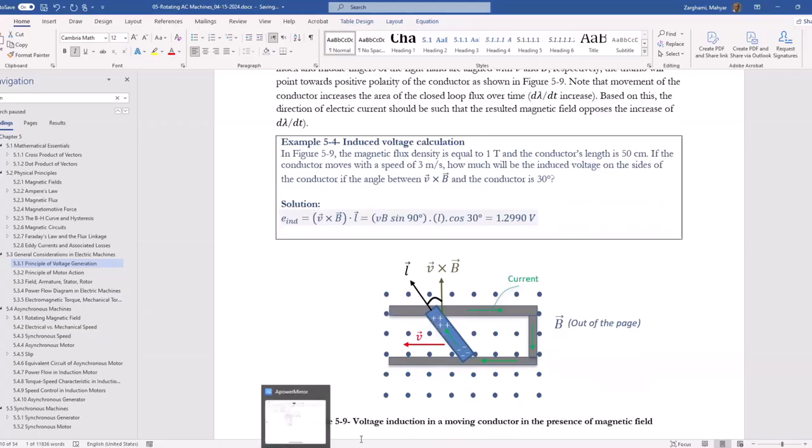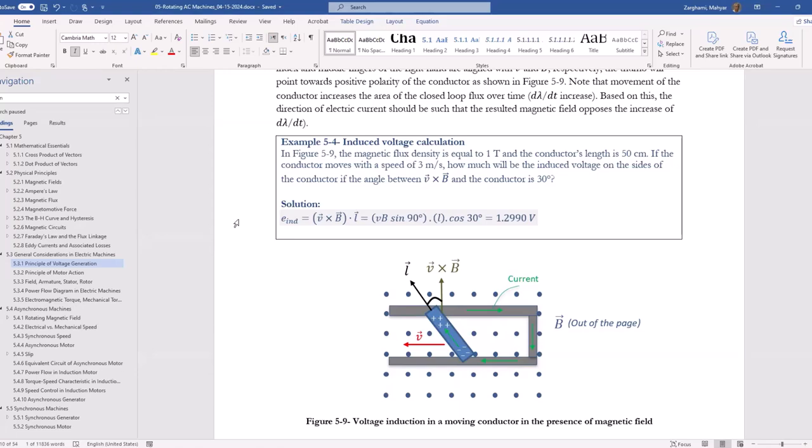That's because, based on Lenz's law, when you put this moving conductor inside this external magnetic field, it will result in a current in the conductor, right? That current will produce its own magnetic field. And that magnetic field produced by this current, based on the right-hand rule, take your thumb in the direction of the current, and your four other fingers show the direction of the magnetic field.